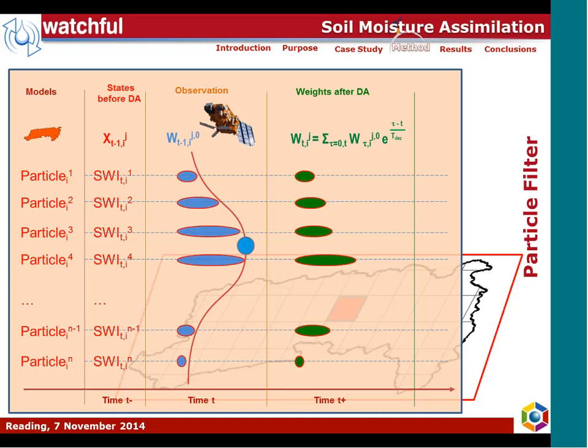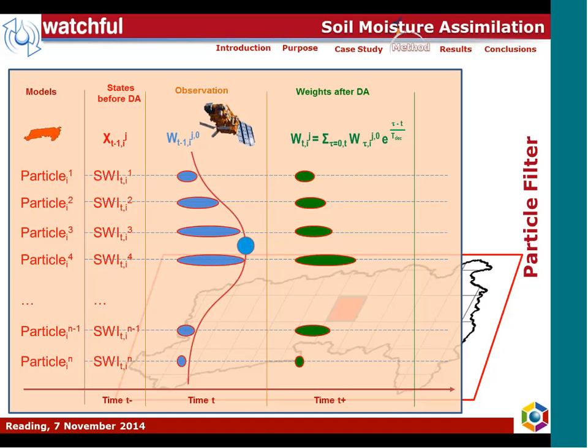The idea of the particle filter is that you are starting with a set of ensemble members or particles that give you an estimate of soil moisture, and then you weight these particles given their closeness to the observation. So, for example, in this case, this light blue dot represents the soil moisture that is observed from the satellite.